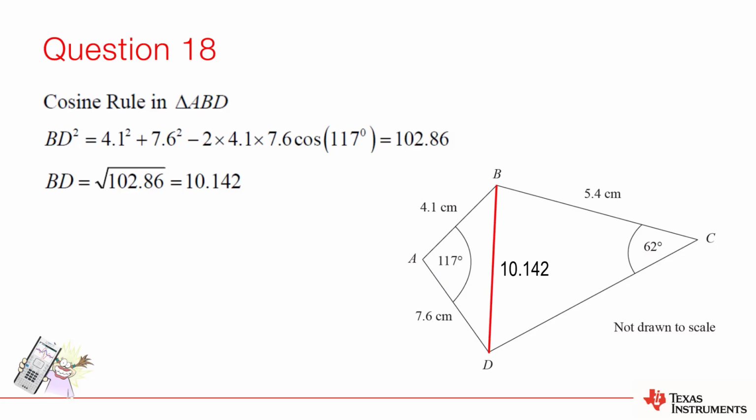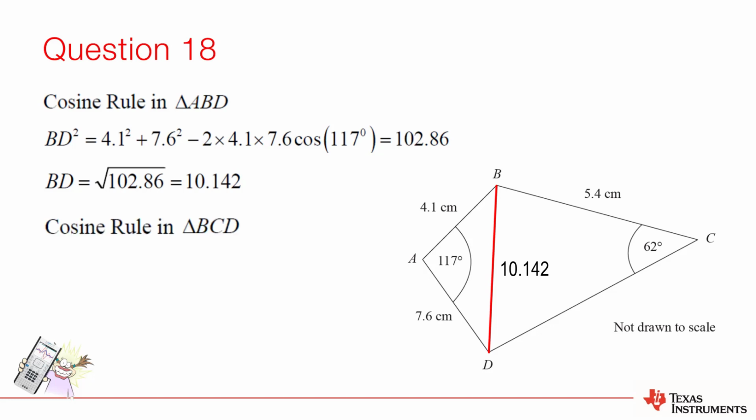All right, so now we want to find the length DC given the length BD, which we've just found. So we're going to use the cosine rule again, but this time in triangle BCD.